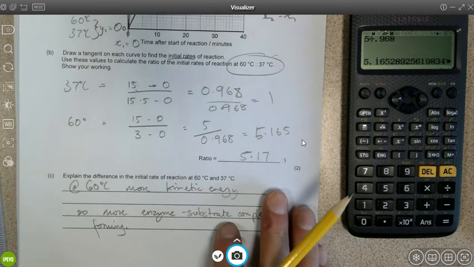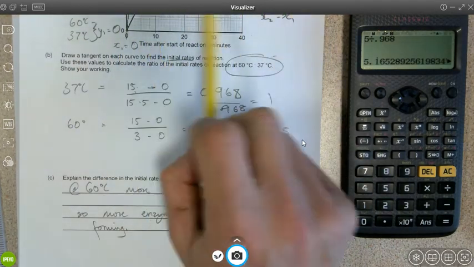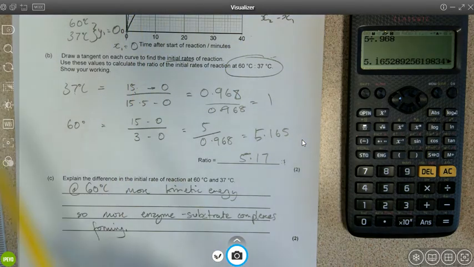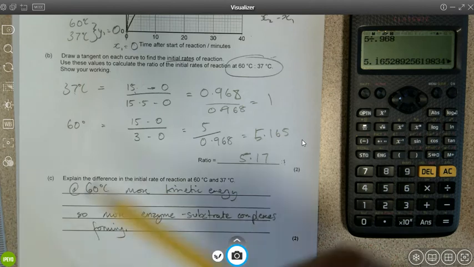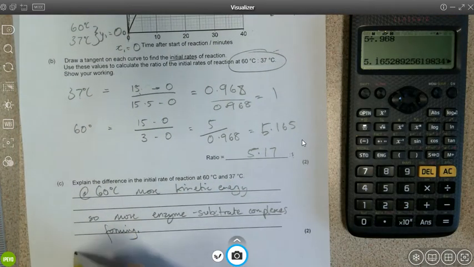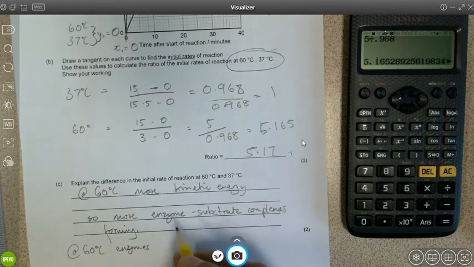Now, I think you could probably predict that this question might ask next why there is a plateau below the final concentration of the product mixture of 37 degrees. So 60 plateaus below that value for a concentration compared to 37 degrees. The reason for that is at 60 degrees, the enzymes will denature.